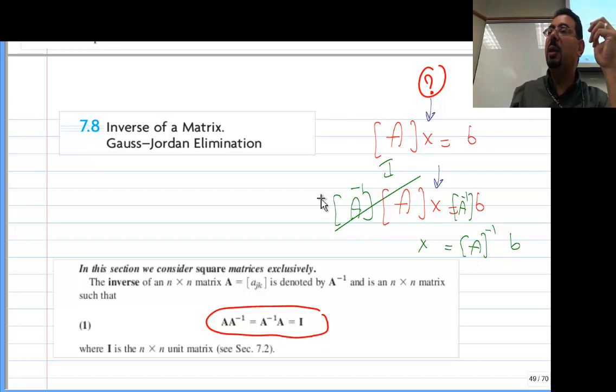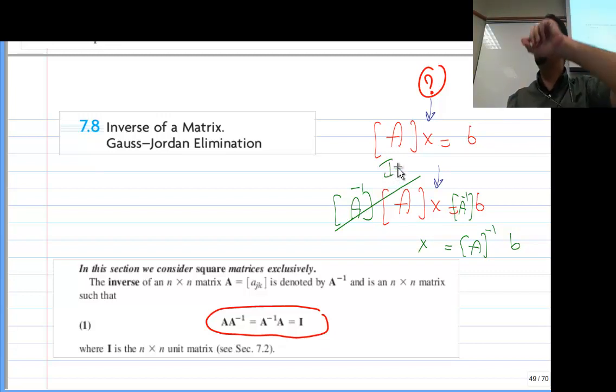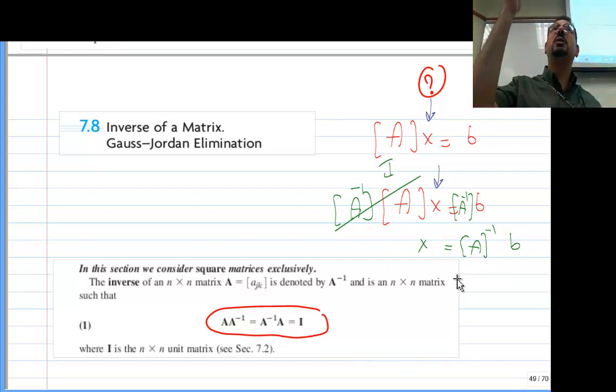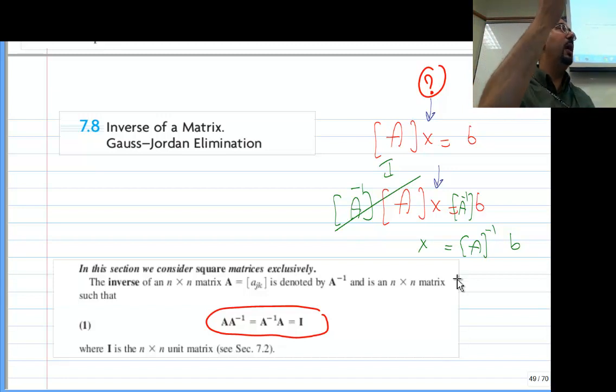And on the left-hand side, A minus 1 multiplied by A, by definition of the inverse, should give I, the unity matrix: 1, 1, 1, and everything else is 0. And I times X is X. So basically X is A minus 1 times B. If you have the inverse, you are that close to getting the solution, because all you have to do is multiply the inverse by B.